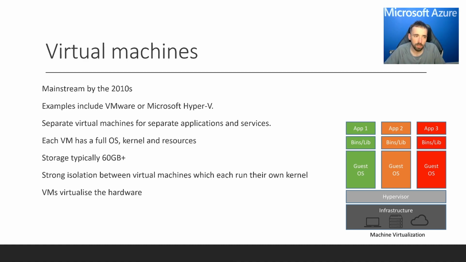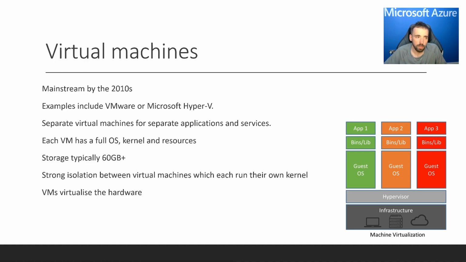So virtual machines virtualize the hardware of a computer. A virtual machine has an operating system just like a physical machine, and for all intents and purposes, virtual machines and the operating system within them don't know that they're virtual machines, and they act exactly as the operating system would on a physical server. And this is facilitated by what's called a hypervisor.